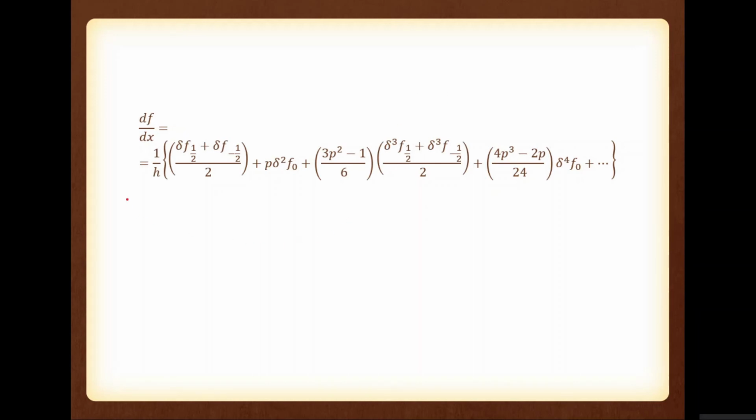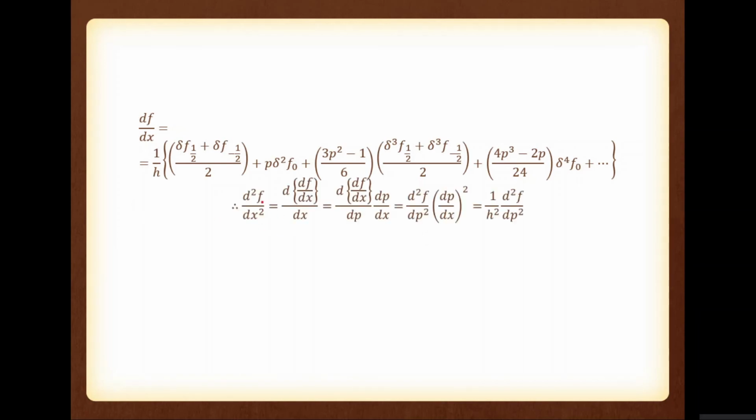So d square f by dx square is equal to, we all know that it is d by dx of df by dx. Now this outside one we can write as d by dp into dp by dx. So we have d of df by dp into dp by dx. Now we all know that dp by dx is 1 by h.